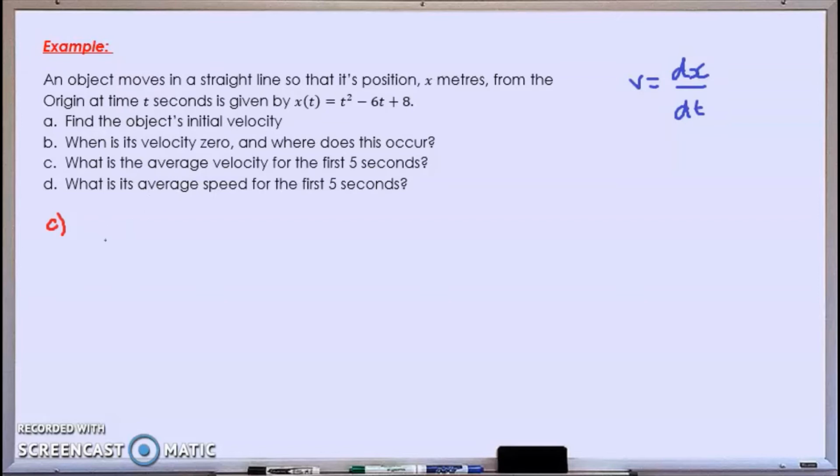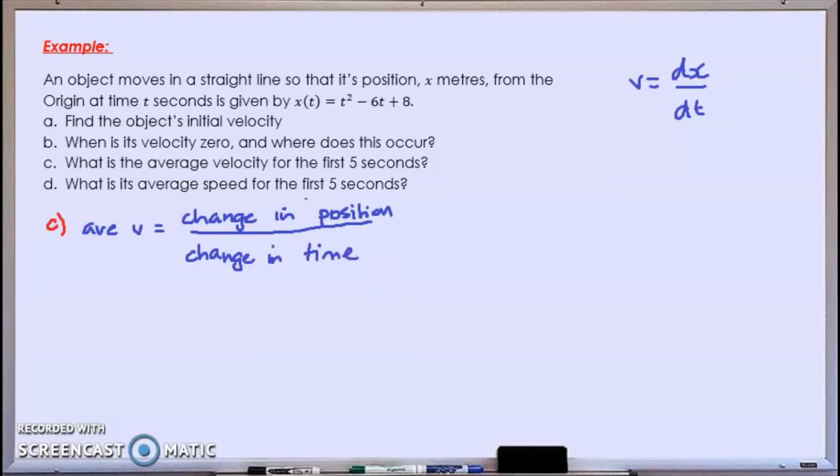So the average velocity for the first 5 seconds is the change in position over the change in time. Now we see that the change in time here is going to be 5 seconds. But if we're going to write an equation, let's write it completely.